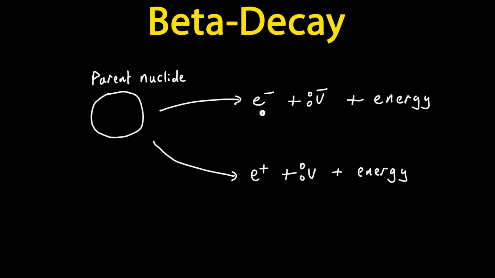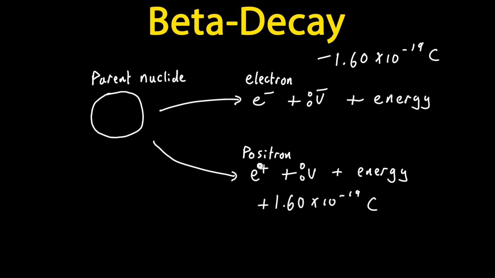So the difference between an electron and its antimatter equivalent, the positron, is the charge. An electron has a charge of negative 1.60 times 10 to the minus 19 coulombs, but a positron has exactly the same charge, but positive 1.60 times 10 to the minus 19 coulombs. They have the same mass, and all other properties of the positron and the electron are the same except the charge.